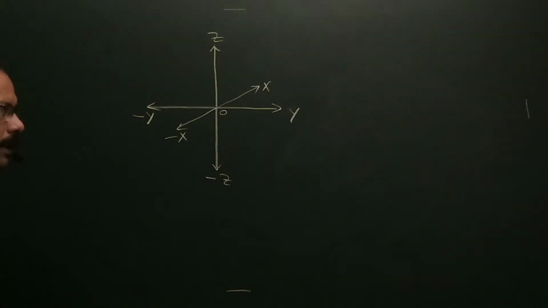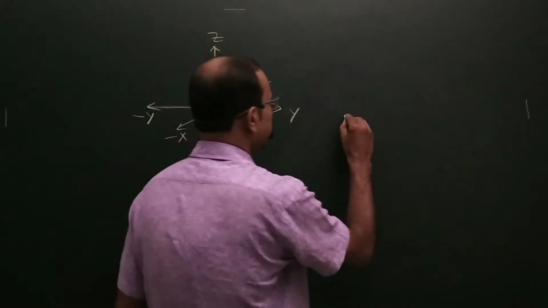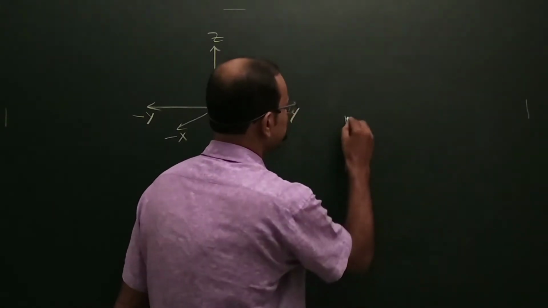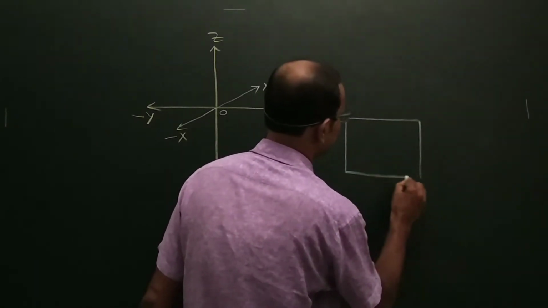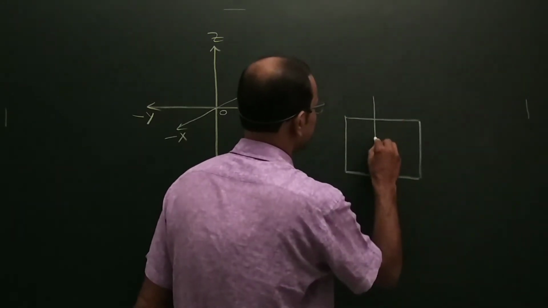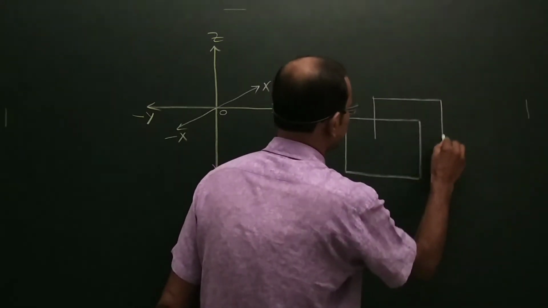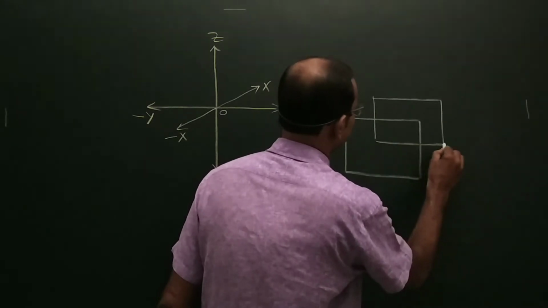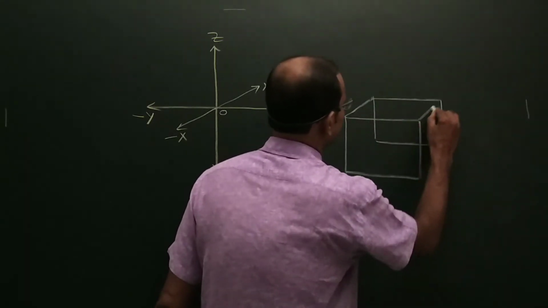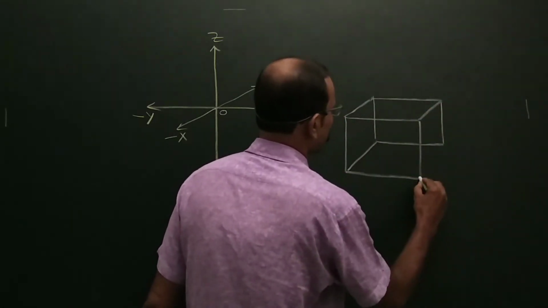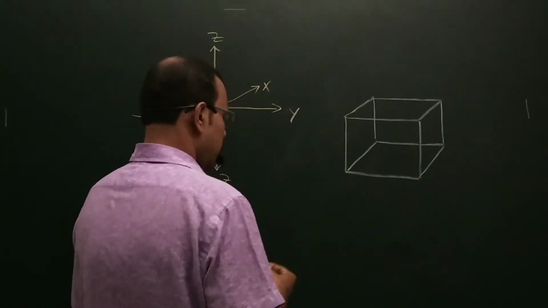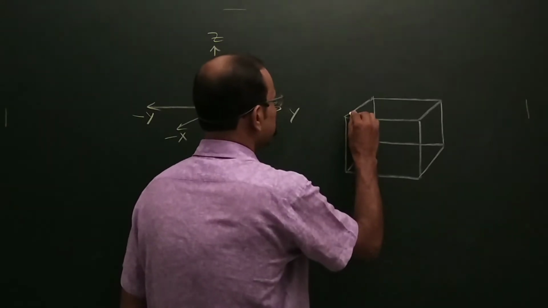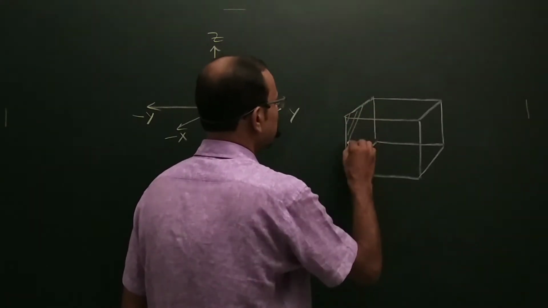The next one you will see, I am drawing another cube here. This is another cube, and I want to find out the direction of this plane, the left side plane of the cube.